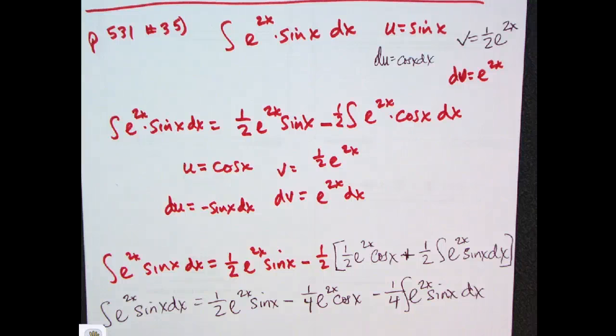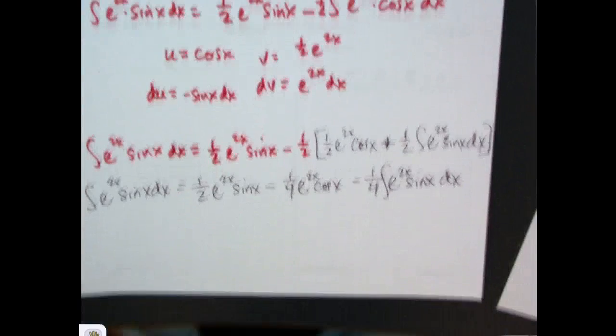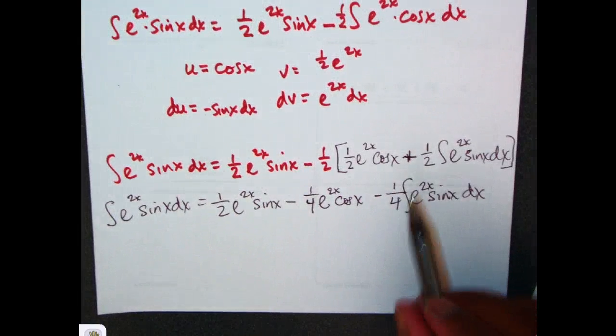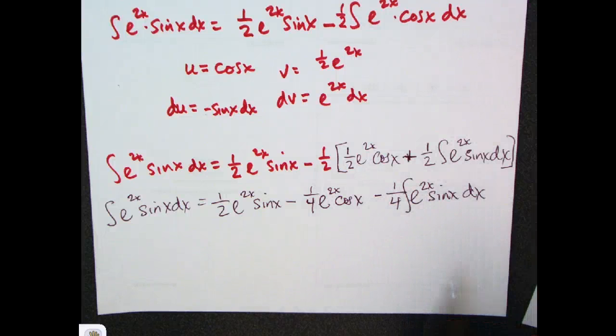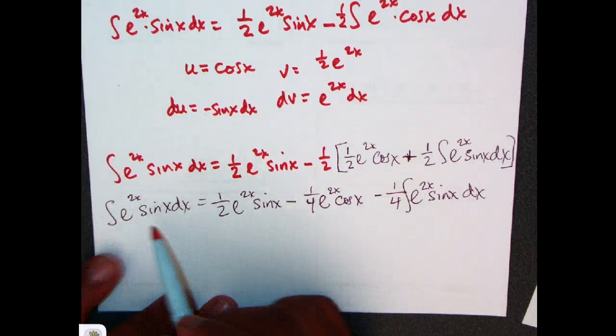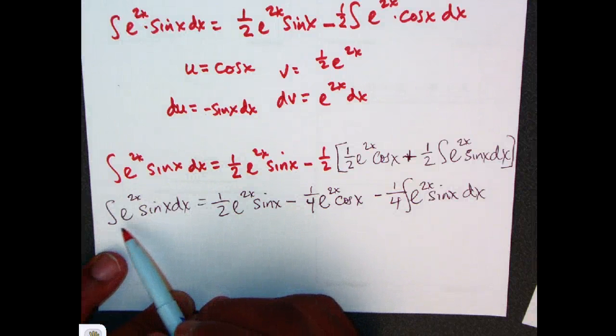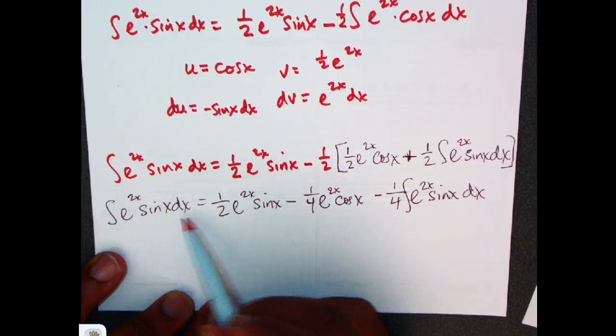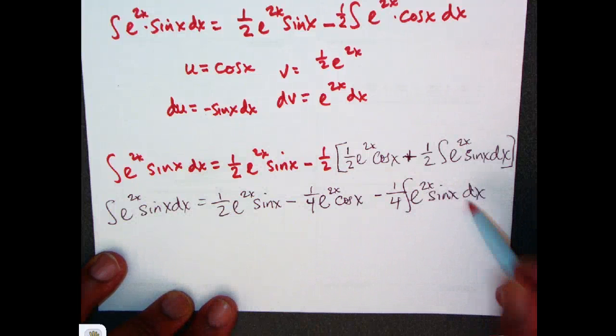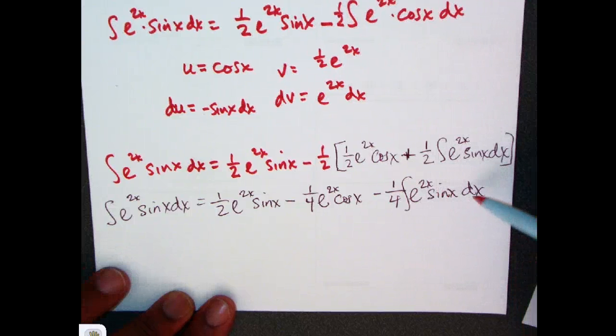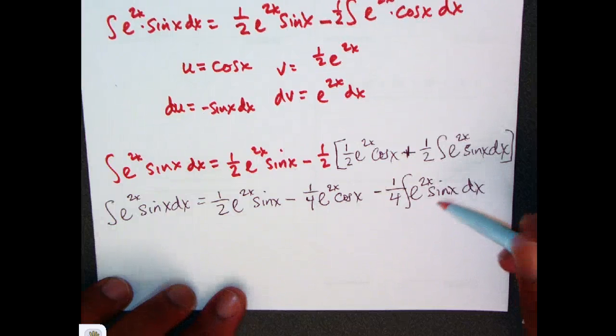Alright, now we are in the same boat again, because we still have an integral of two different types of functions that we would have to use integration by parts. Well, if we take a closer look here, we will see that our initial problem was taking the integral of e to the 2x sine of x dx. And notice over here, you have an integral of e to the 2x sine of x dx. So we're actually going to use a little bit of algebra here to solve this.